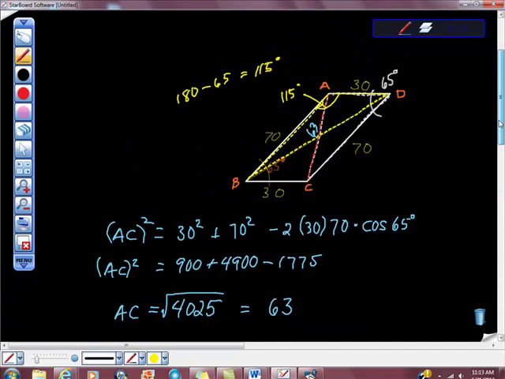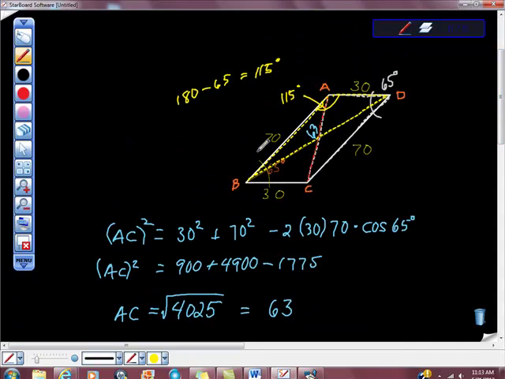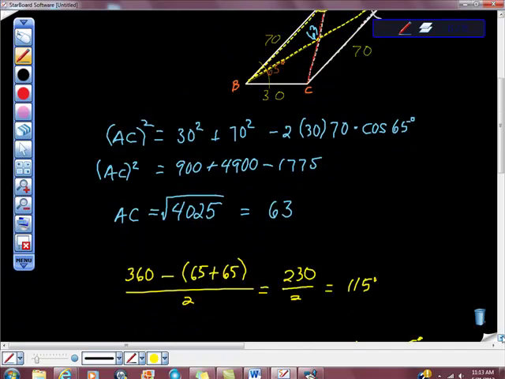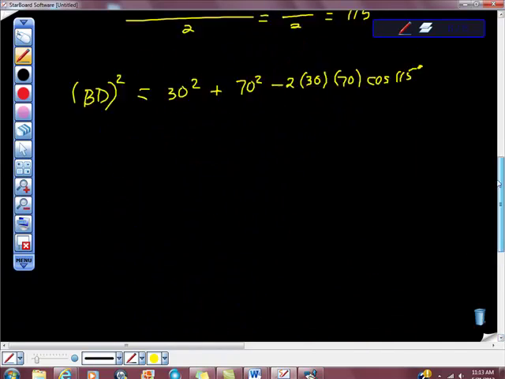We're taking side angle side. So that's where I'm getting all that.